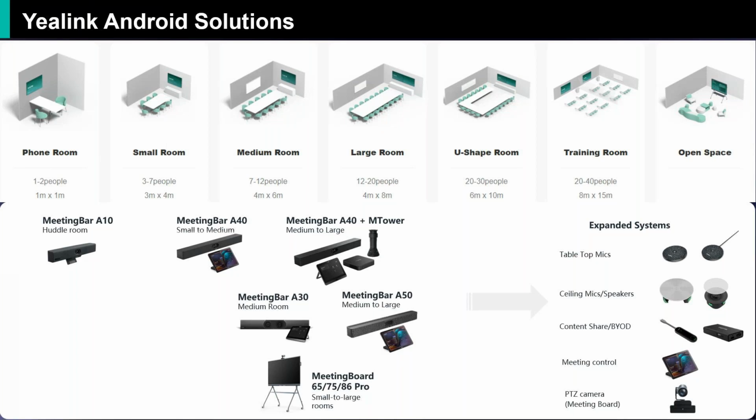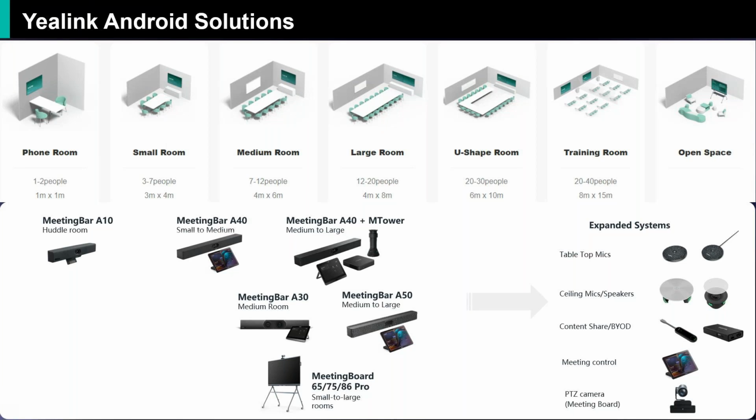So U-shaped room, training room upwards is a Windows solution. Also large room, medium room can be a Windows-based solution, it comes down to what the customer prefers. And then open spaces, we are flexible there again, running with a meeting board, or we do something also with a Windows-based solution in that regard.